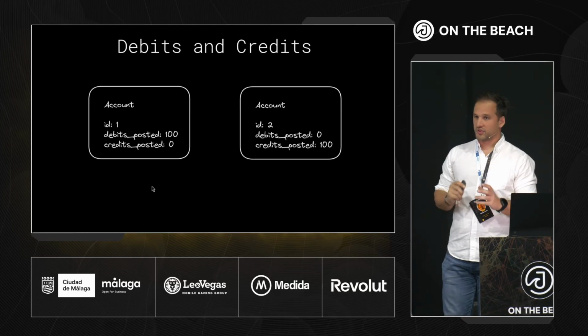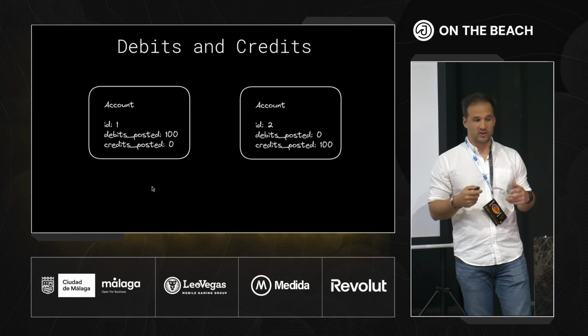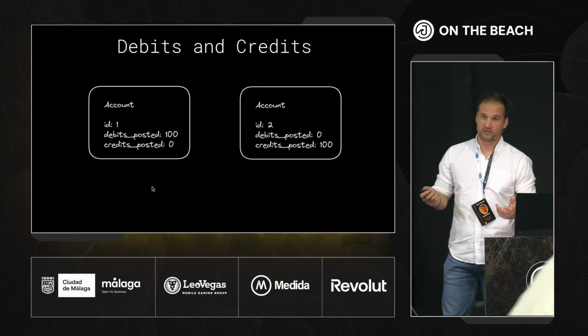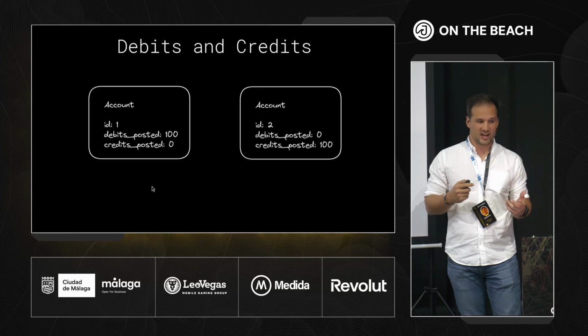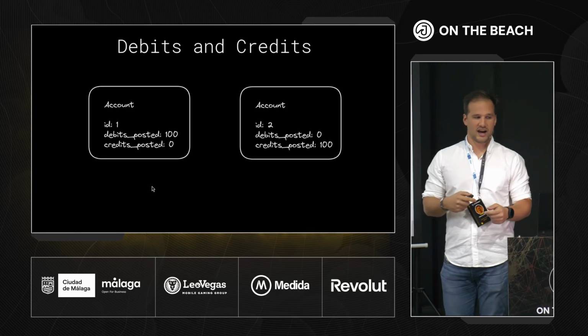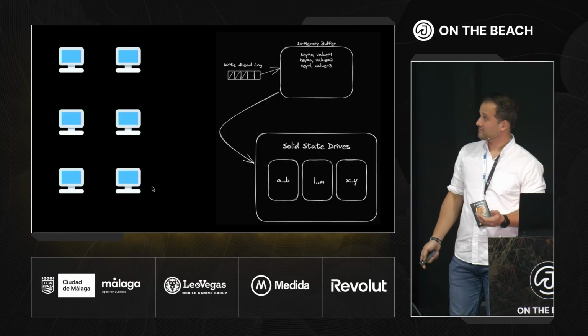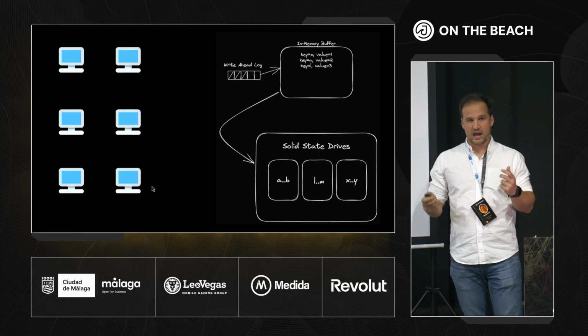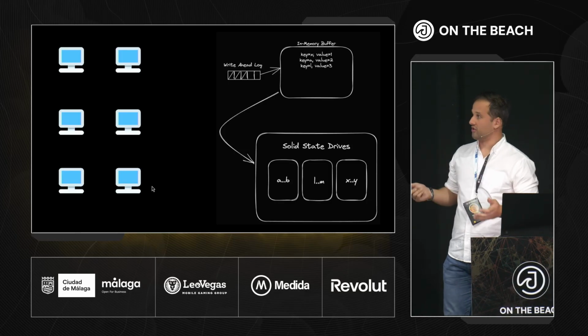TigerBeetle takes this simple data model and couples it with high performance, in the order of hundreds of thousands of transactions a second, consensus, deterministic simulation testing, network and storage fault models, and for good measure, there's some static memory allocation thrown in. Under the hood, TigerBeetle is a fault-tolerant distributed system.